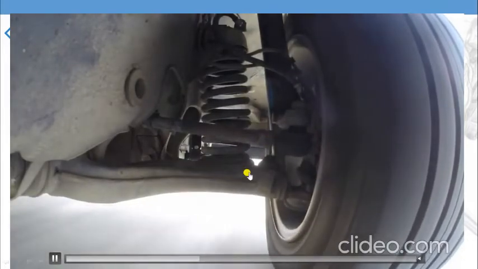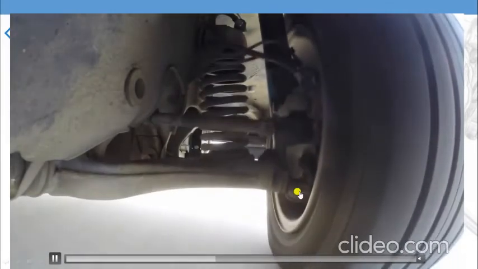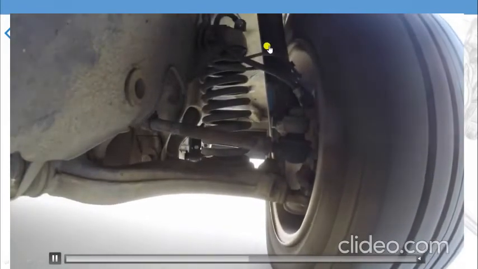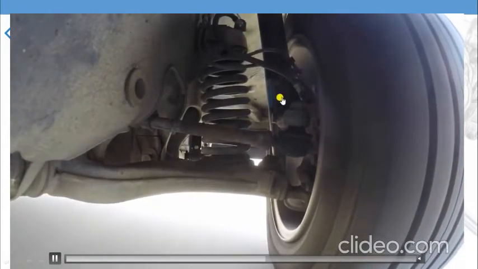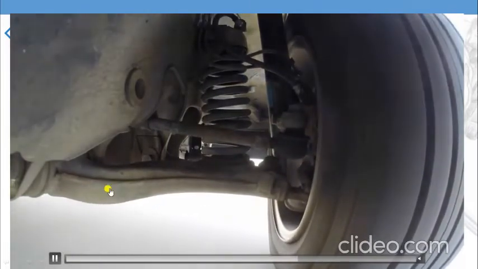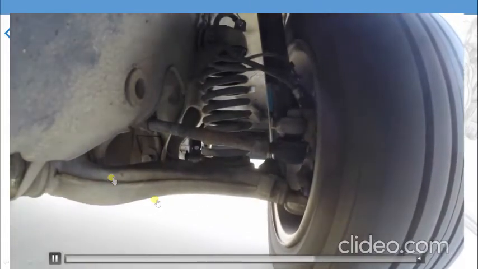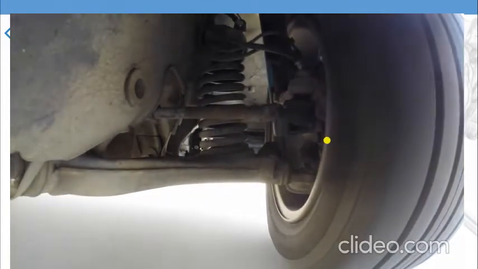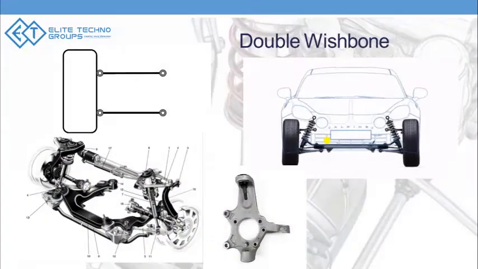And because the damper is directly attached on top of the knuckle, all the road irregularities and stress are directly taken by the damper, which makes the suspension much more rigid. And because it has just one lower arm at the bottom, it's much lighter. This is why we use strut suspension only on the front side of the car and not on the rear suspension.